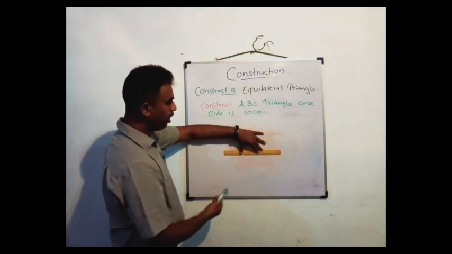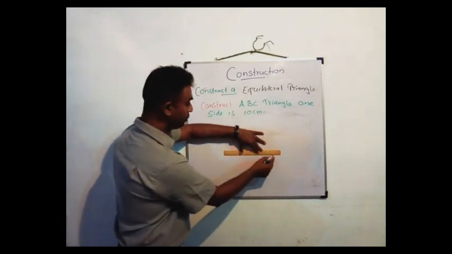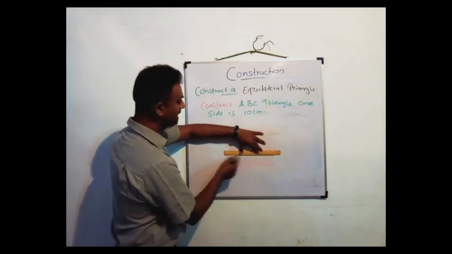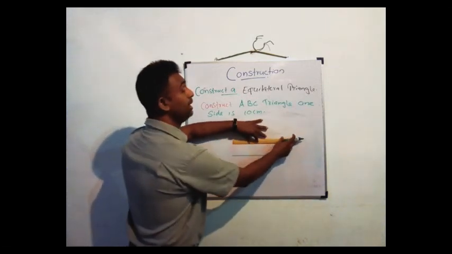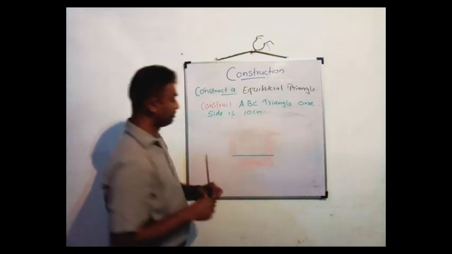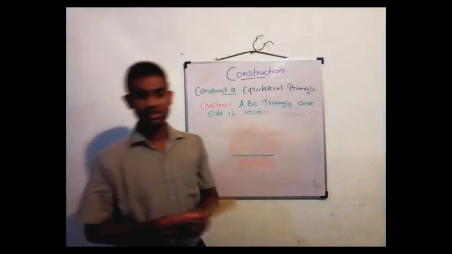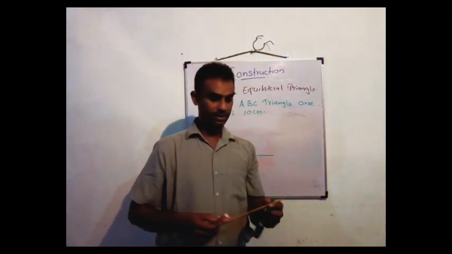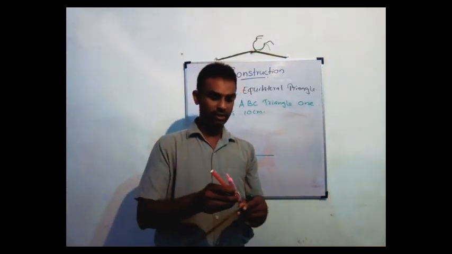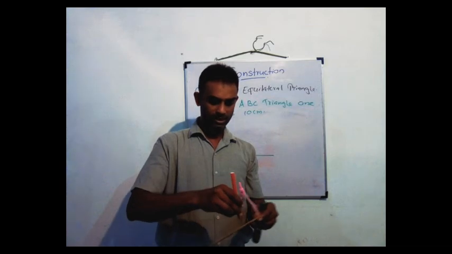Firstly, you want to draw a straight line. This is the base side of the triangle. Next, we want to measure 10 centimeters with our compass, right?